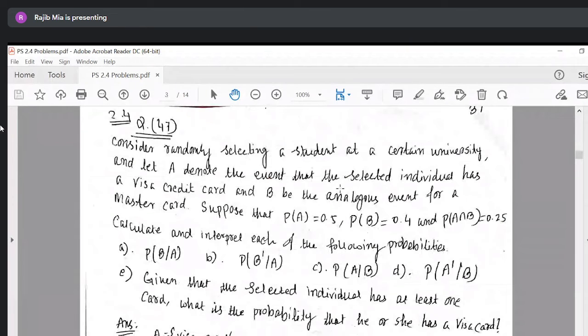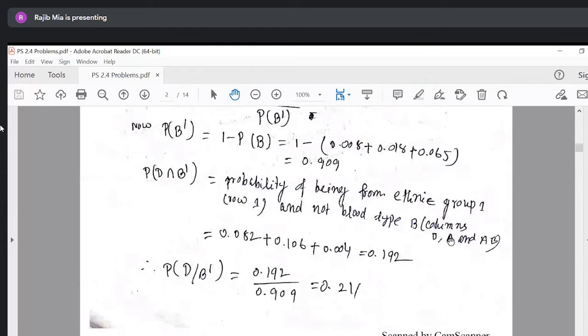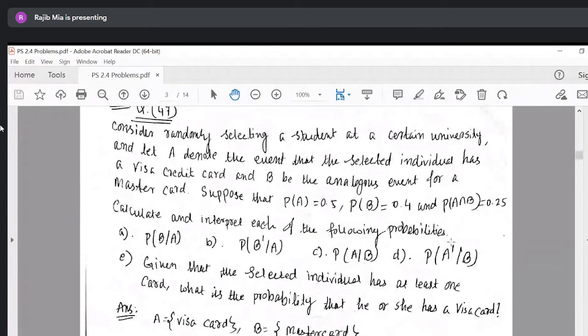So next question, question number 47. Consider randomly selecting a student at a certain university, and let A denote the event that the selected individual has a Visa card. Sir, this Visa card and Mastercard question, I think we did.